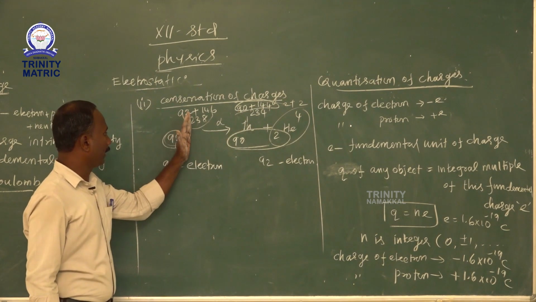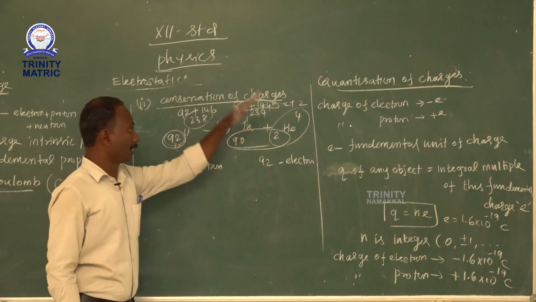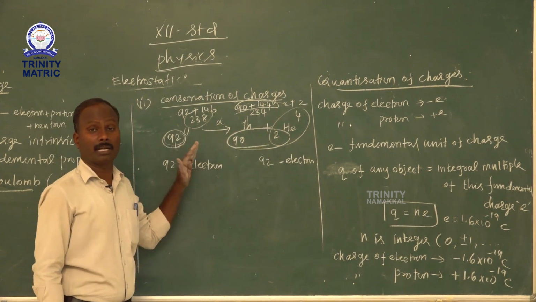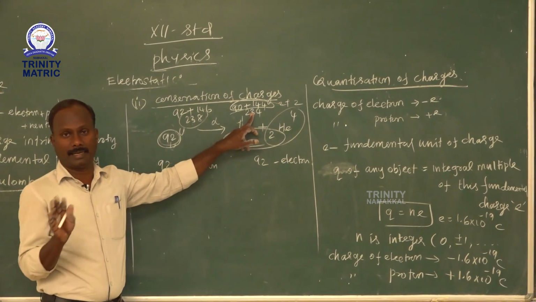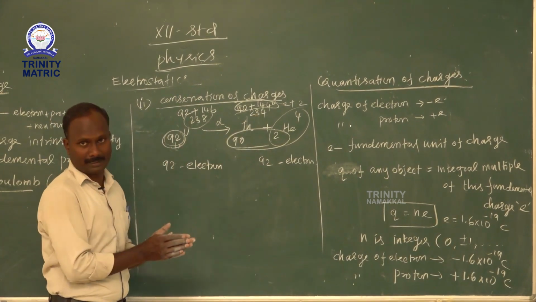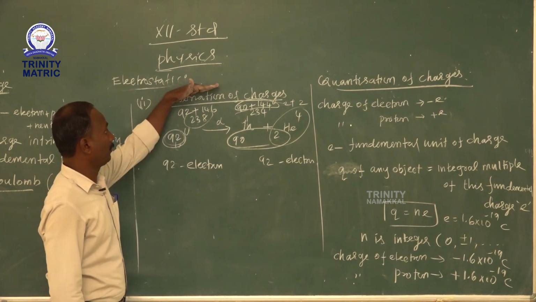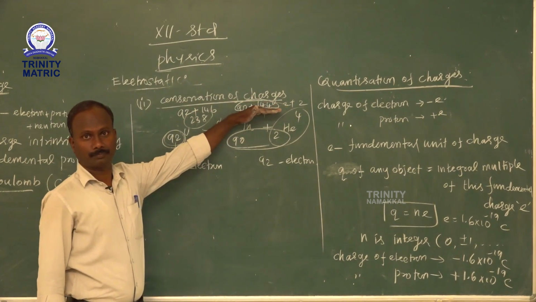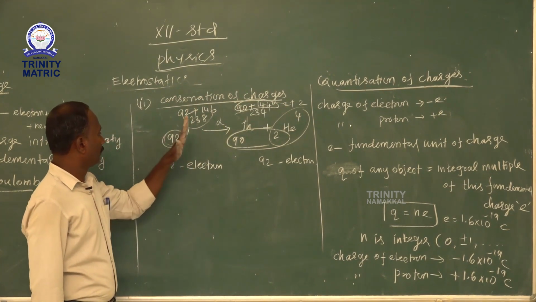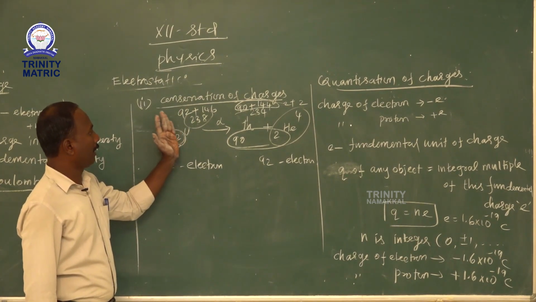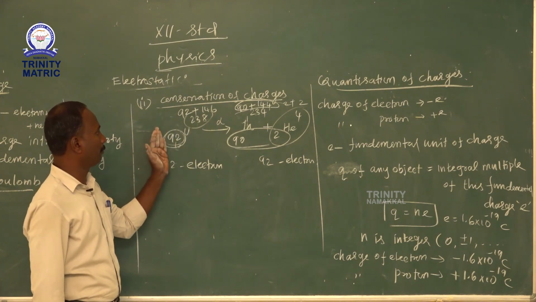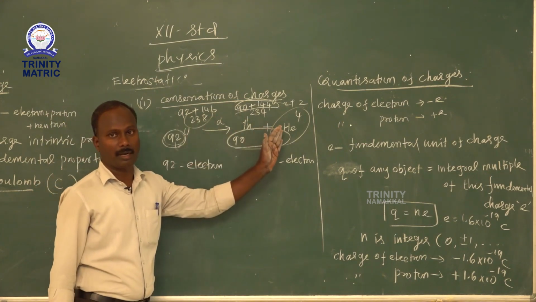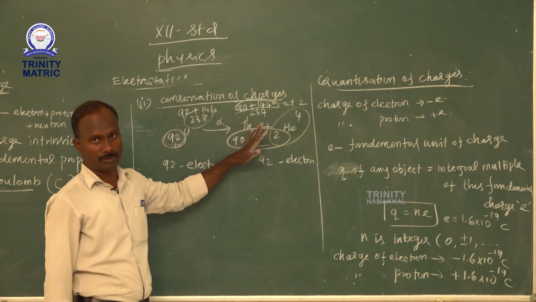So one element converted into other elements, but the number of electrons and the number of protons is not changed. It will be constant. That is the conservation of electric charge. So the charge can neither be created nor destroyed. It can be transformed from one element into another element in equal amount.